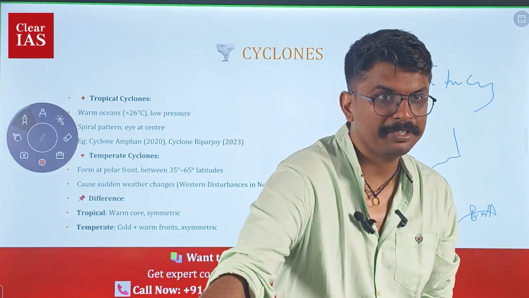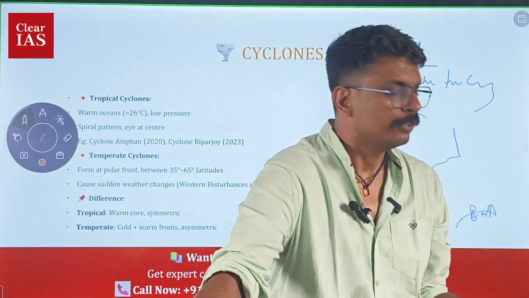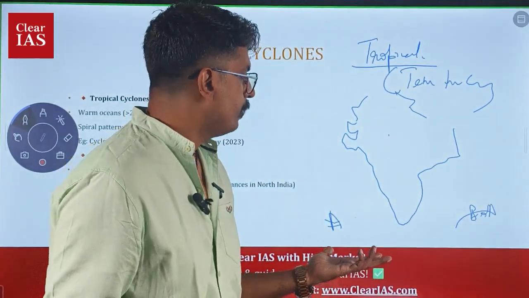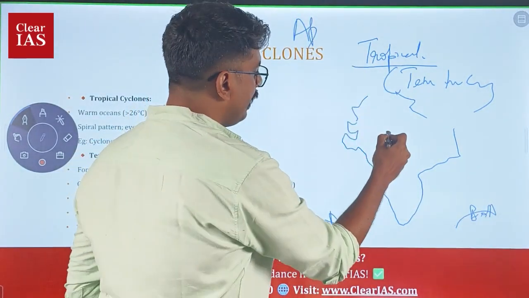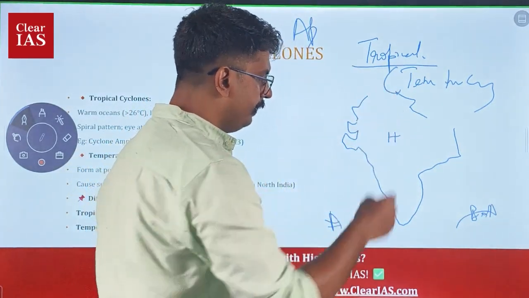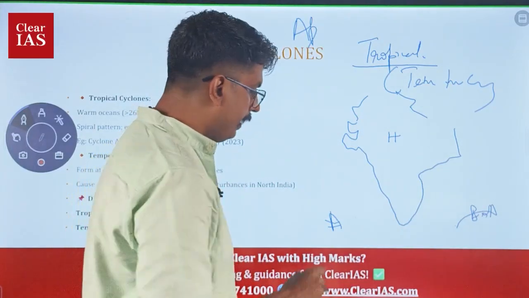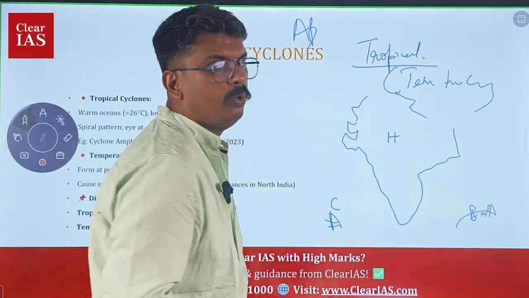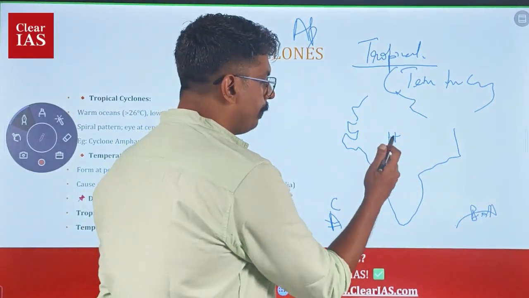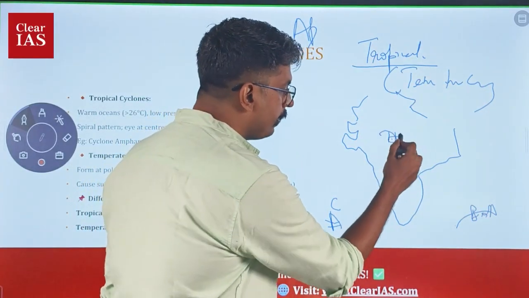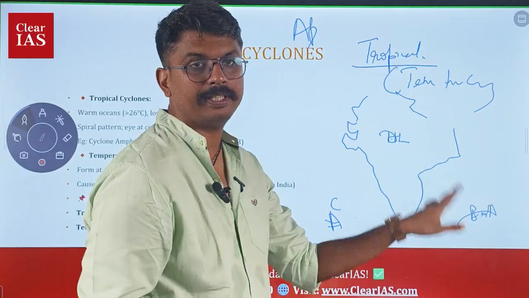At the beaches also, very true. So during the summer season, April, May, the land will get hot, whereas the water will remain cold. Clear? So when the land is heated, air will rise and low pressure will be created over the land.